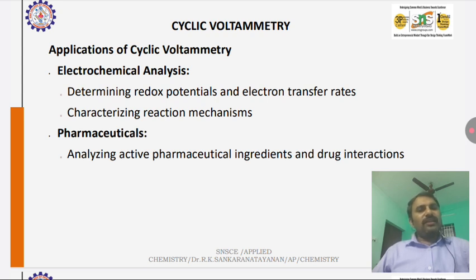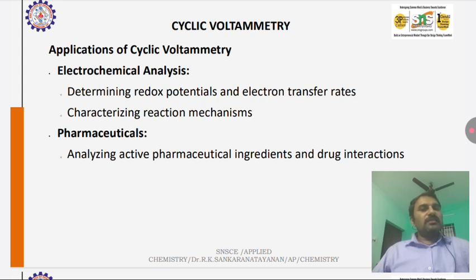So there is a wide range of applications. We can determine the redox potential, electron transfer rates, and also the mechanism, and whether the material helps to oxidize the reaction or not.